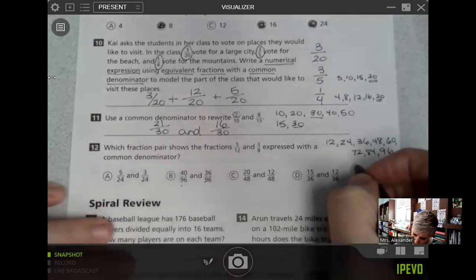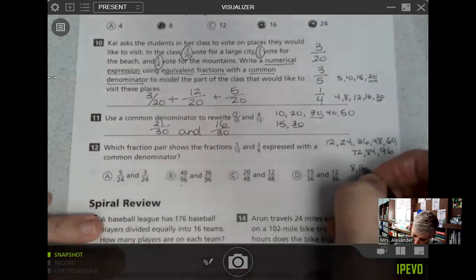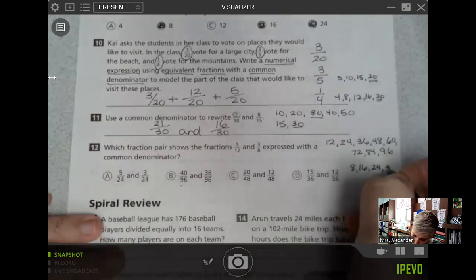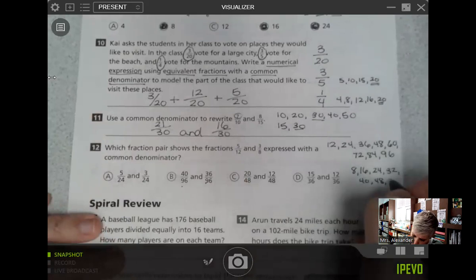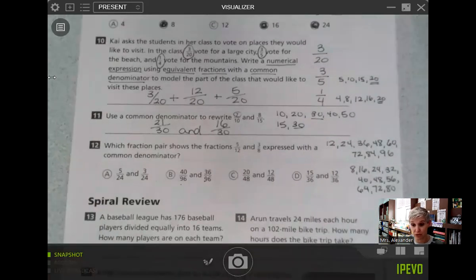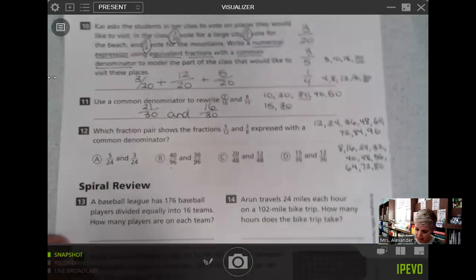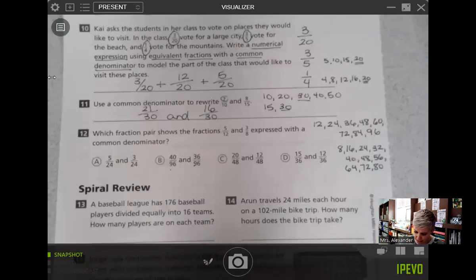Oh, I wonder. 8, 16, 24, 32, 40, 48. Oh, where am I? 56, 64, 72, 80. Oh, I was getting lost where I was on my multiples of 8. All right, I'm going to stop right there and just see what happens.